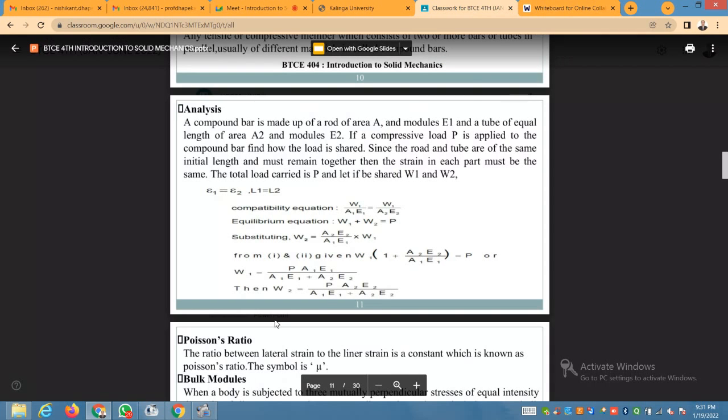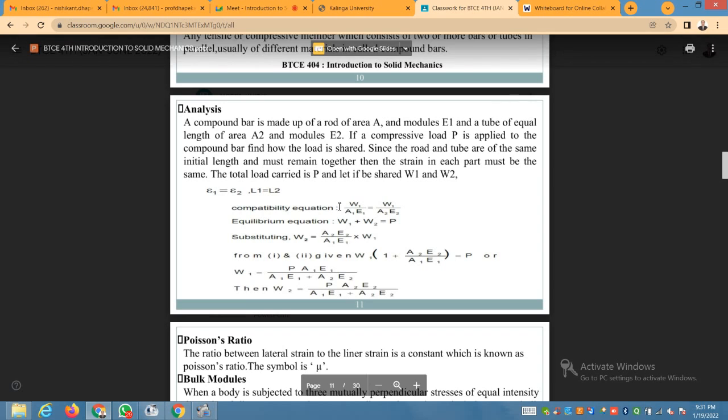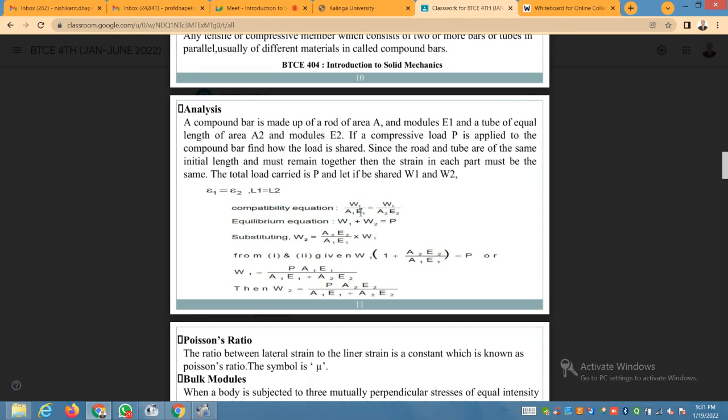Here in this equation, if you look at the final equation, you will observe that P into A2 into E2 upon A1 E1 plus A2 E2, or if we apply the compatibility equation, W1 upon A1 E1. See, A1 is in suppose meter square, E kilonewton per meter square, so it will be kilonewton upon kilonewton.